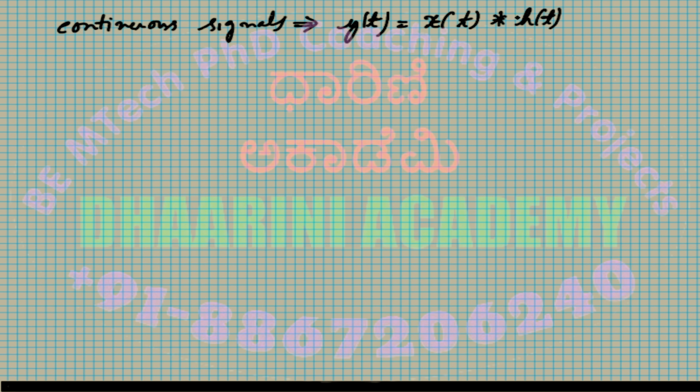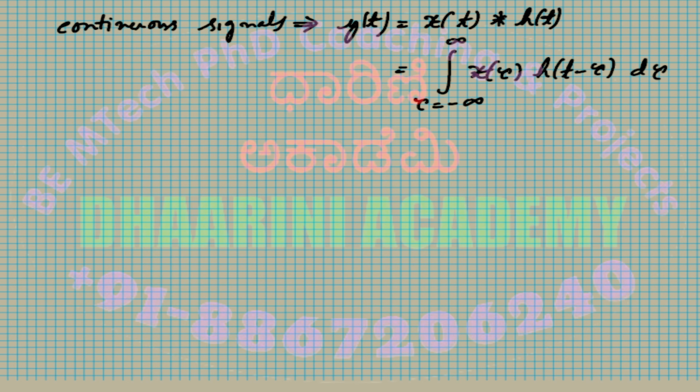There is a difference in the way you calculate. Since it is continuous, I cannot take a sum; this has to be an integral. The integral, tau equal to minus infinity to plus infinity, of x of tau into h of t minus tau, with the variable of integration d tau.